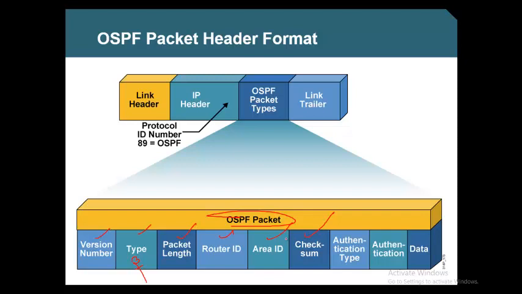If anyone takes an OSPF packet and alters it, the checksum value will break. So the receiving router will understand that this has been modified, we should not accept it, and we will ignore it. Modified packets will not be accepted. Authentication type, authentication password, and then the data, the OSPF data. Because it's an OSPF link state request, that request will be carried here in this data field.